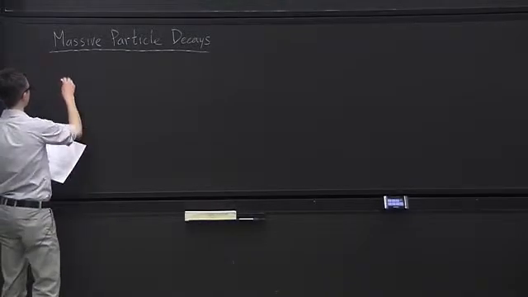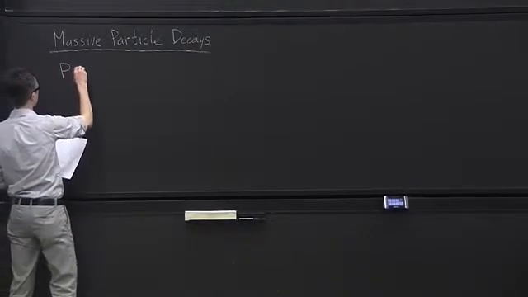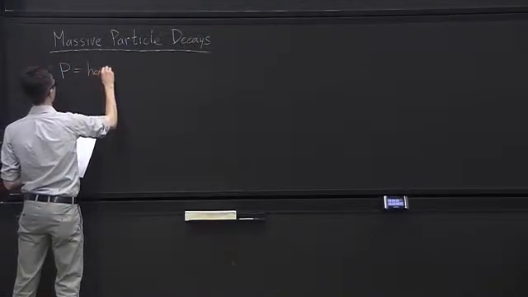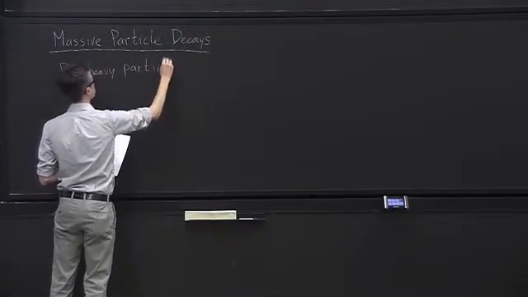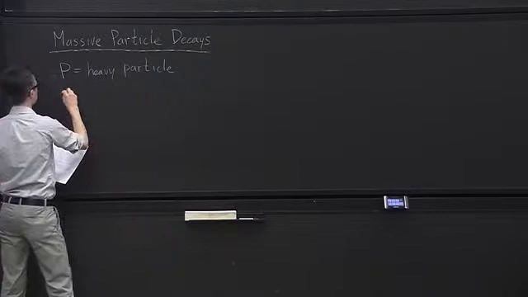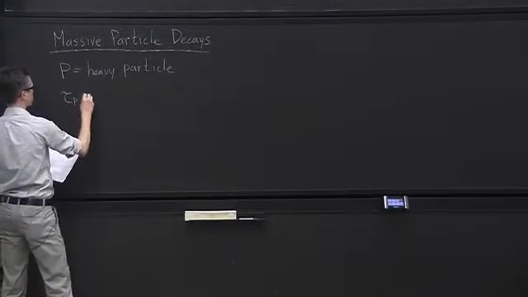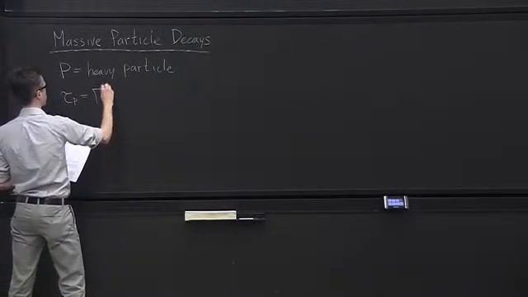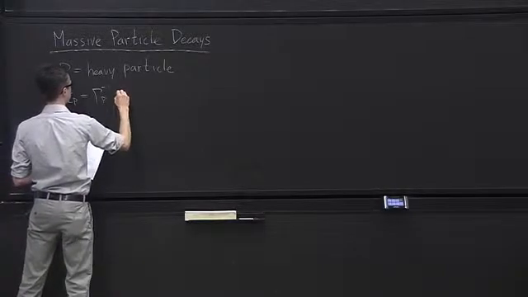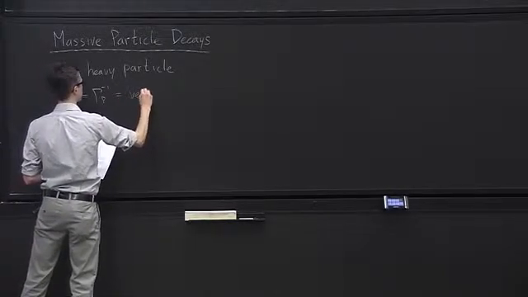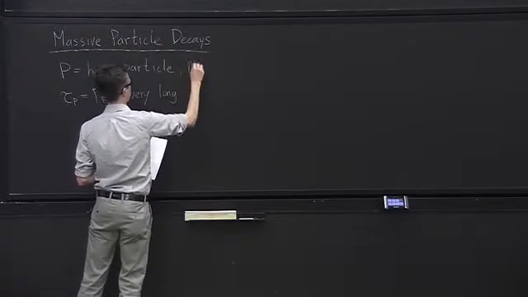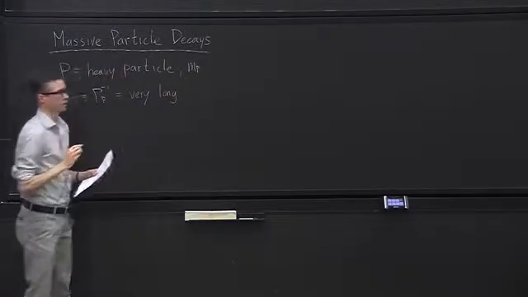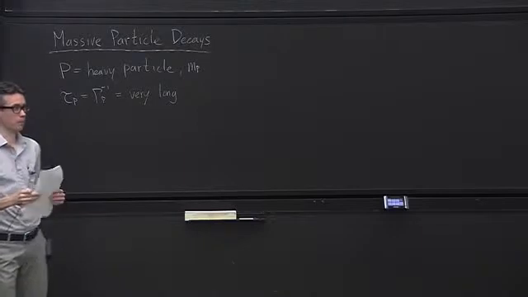And the idea here is that I have some heavy particle that I call P. And the lifetime of this P particle, which is 1 over its decay width, is very long. So it's a heavy particle with mass m_P, and it decays, but it decays very slowly.